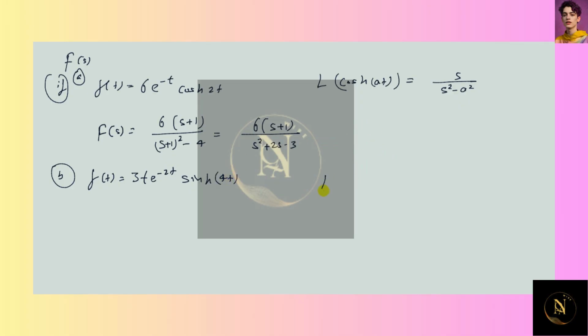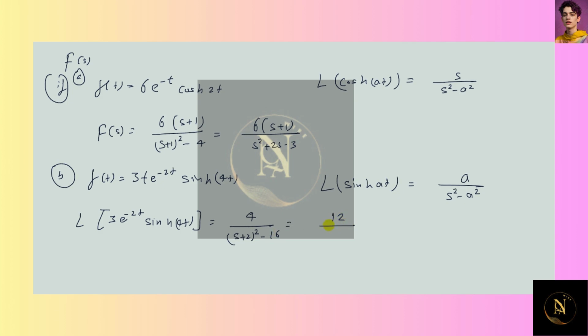As we know, the Laplace of sinh(at) is a divided by s² minus a². A similar term here: the Laplace of 3e^(-2t) sinh(4t) is 3 multiplied by 4 divided by (s+2)² minus 4², which is 16. So this is 12 divided by s² + 4s − 12.